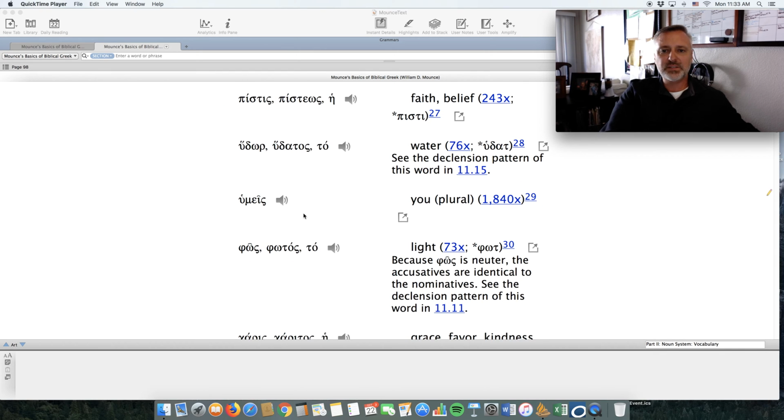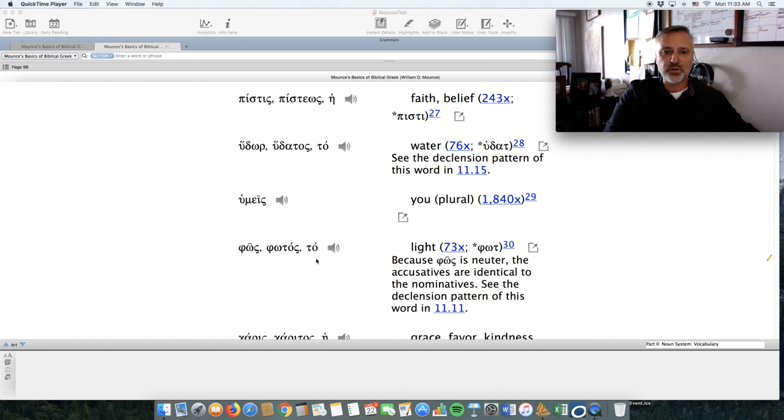Humeis, humeis. This is the second person plural version of su. So humeis. Phōs. Phōs is light. The stem of phōs is phōt, like a photo. So that's how I remember phōs, like photos. A photograph is a writing of light, and that's how that works.